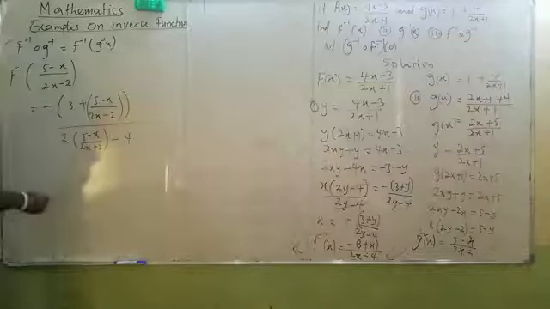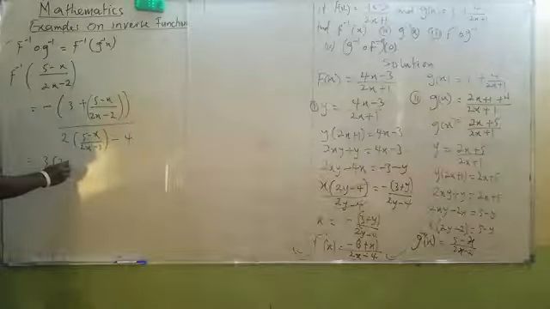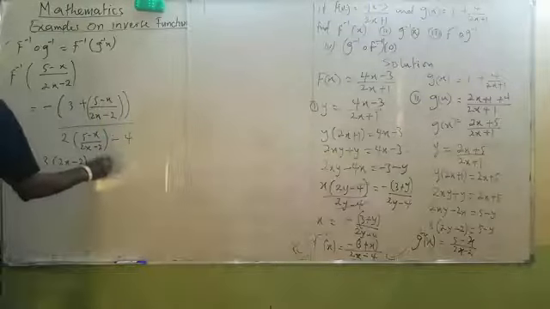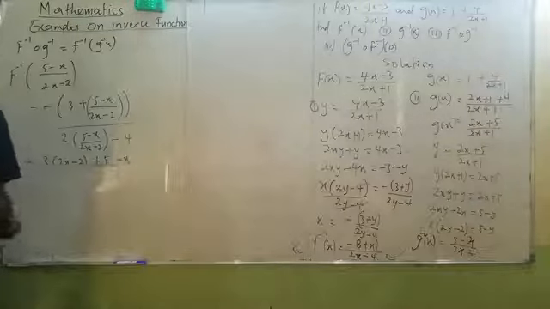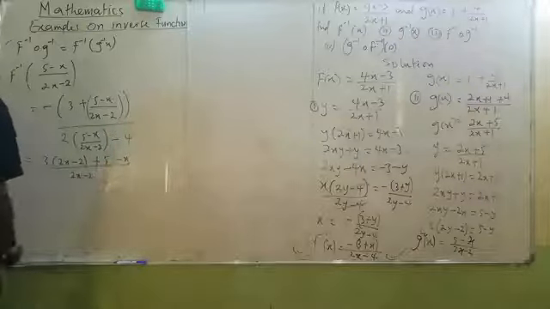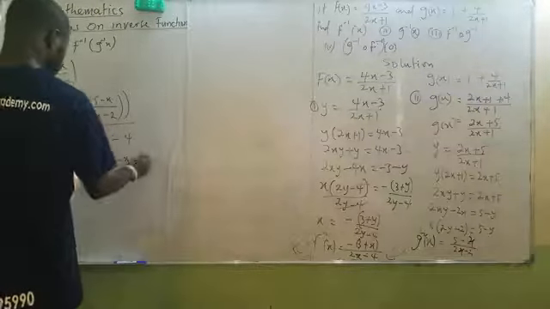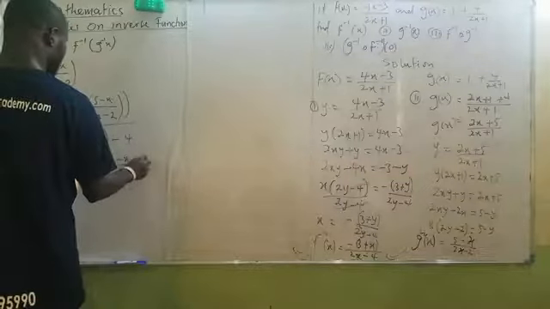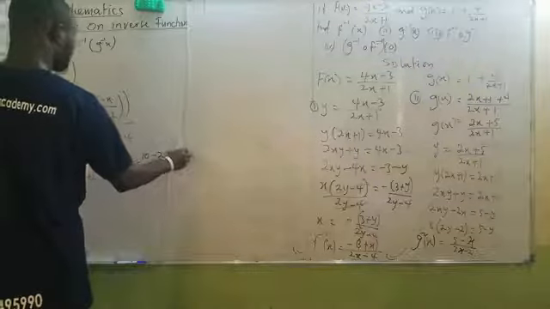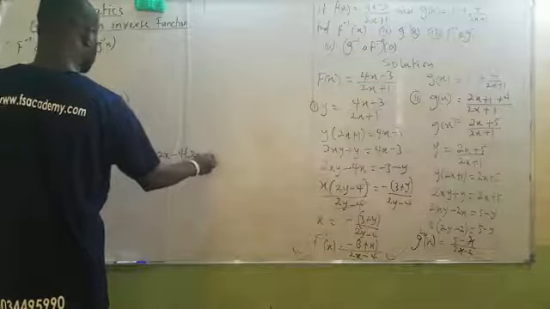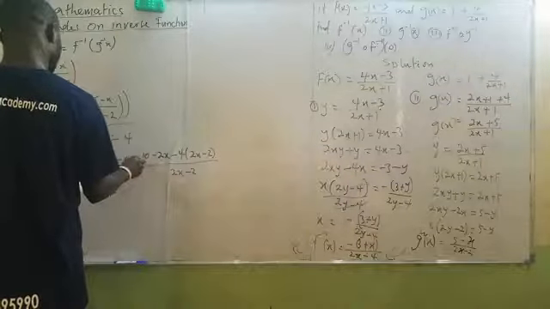By so doing, let me have it as 3 bracket of 2x minus 2 plus 5 minus x, everything divided by 2x minus 2, and this can also be written as 10 minus 2x minus 4 bracket of 2x minus 2, everything divided by 2x minus 2.